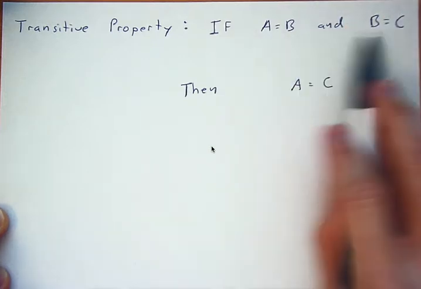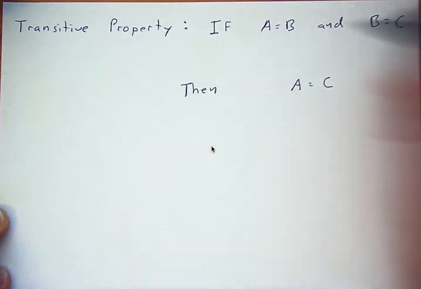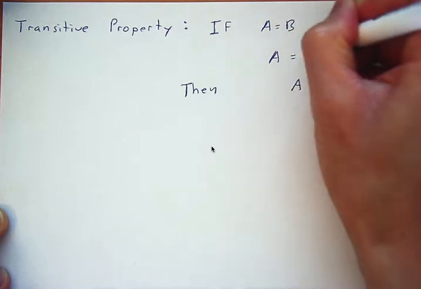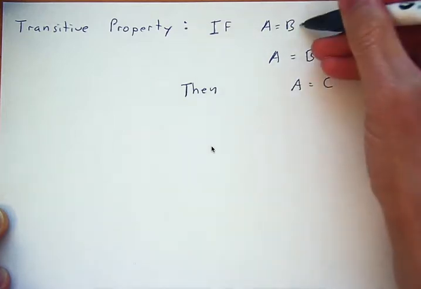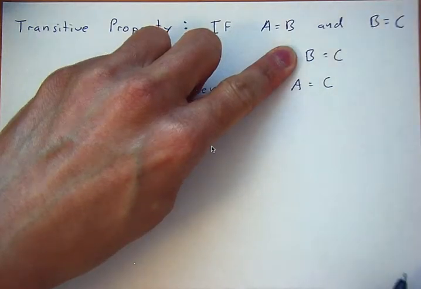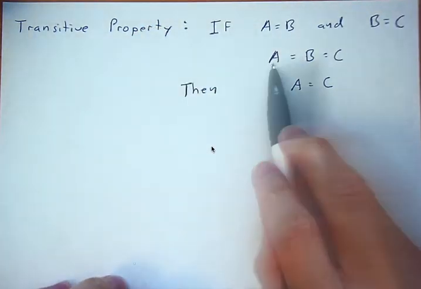Another way of writing this part right here, I can write if a equals b, and I also know that b equals c, then a will equal c.